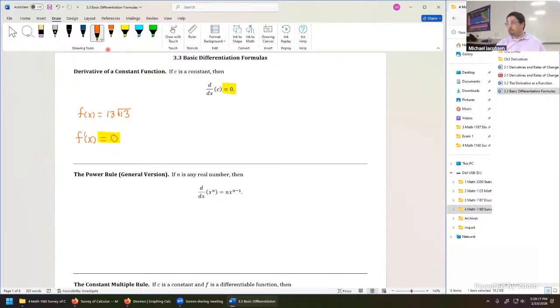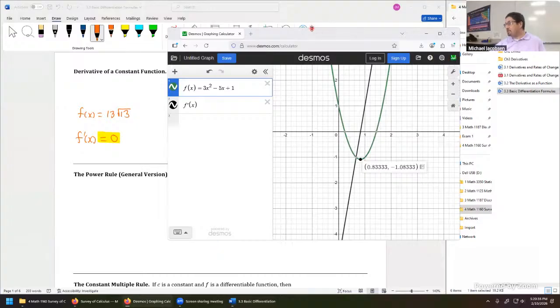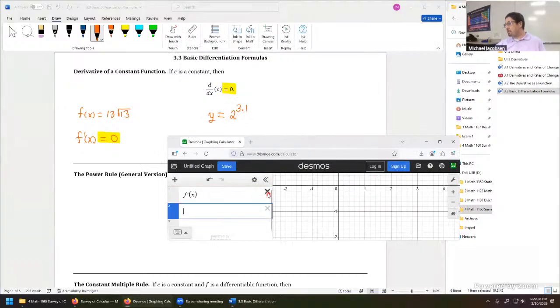If it was a different problem, say y equals, maybe this one is 2 to the power 3. That's just a fancy way to write 8. But it could be more abstract looking, like 2 to the power 3.1. You can put a number down there as well. It just looks like lots is going on when you say 2 to the power 3.1, but this is all it is. 2 to the power 3.1 is approximately that number right there.